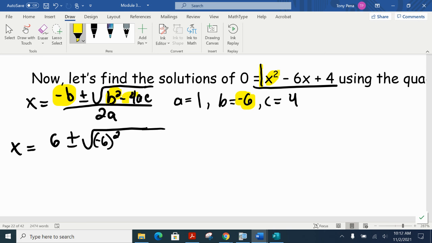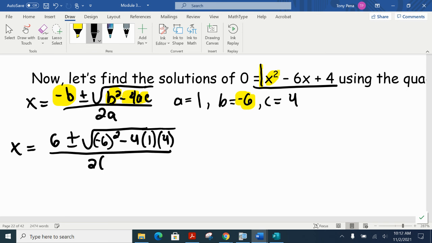Then you'll see the minus 4 times A times C. So put that minus 4 multiplied by A multiplied by C. Then we have our fraction bar. And then 2 times A is 2 times 1, because our A in this case is 1. All right.